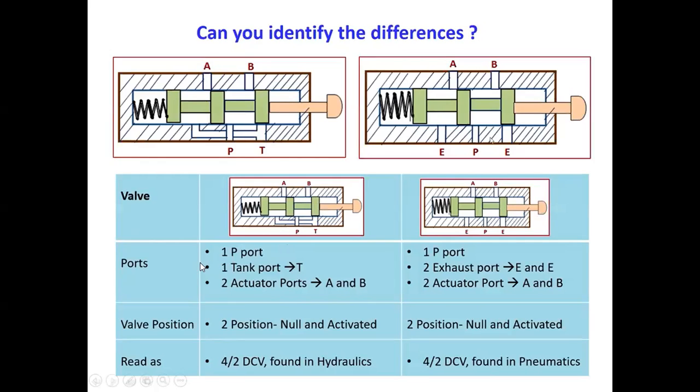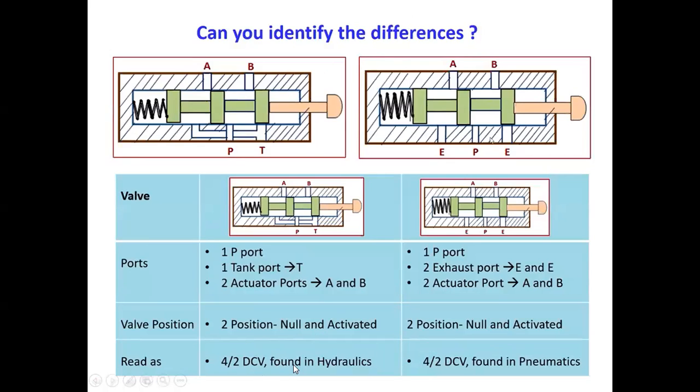See here, port P, 1 tank port, 2 actuator ports, A and B. Here, 1 P port, exhaust ports E and E, actuator ports A and B. So valve positions, 2 positions: null and active.